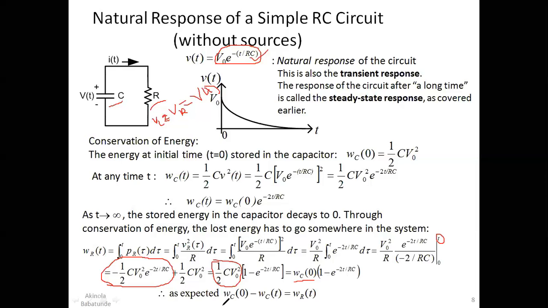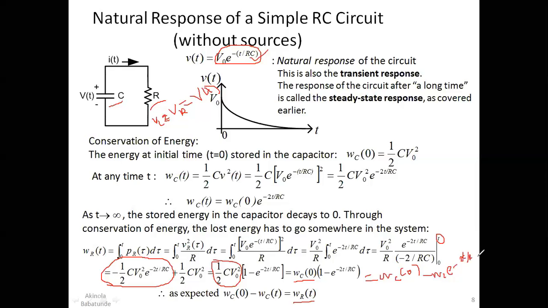So what you will find out here at the end of the day is that WR of t is equal to WC of 0. If you expand this, it would give you WC of 0 times 1, right? So it becomes WC of 0 multiplied by this entire expression here, minus WC of 0 times exponential minus 2t over RC.